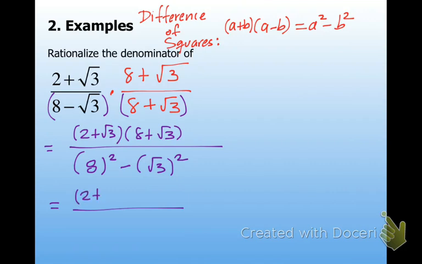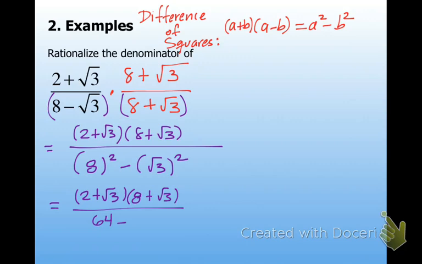So what do we get? I have this thing here. We are going to multiply just like we learned in the last partial, and I have to find the square of 8. Well, that's easy. It's 64 minus what is the square of the square root of 3? Remember, like the previous example, we can simplify the square root and the square.